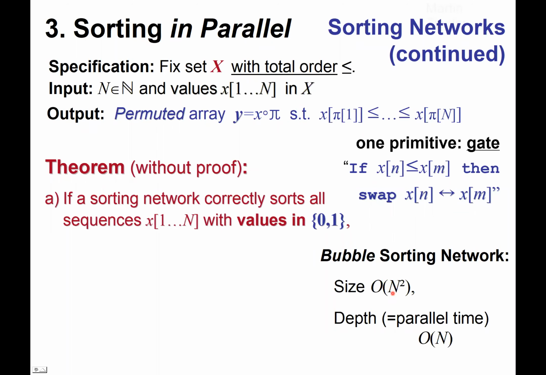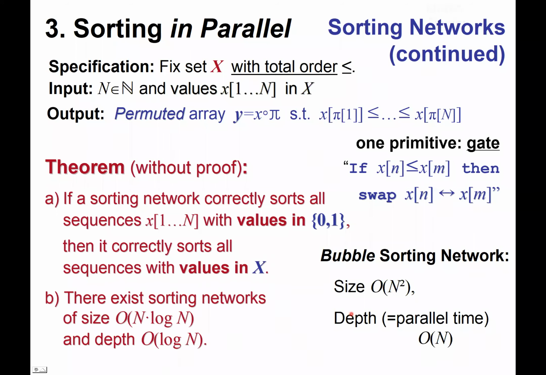It says there exist sorting networks of size n log n gates and depth log n. So very fast, logarithmic running time, as you recall, is very fast. So sorting in parallel becomes very efficient, and the proof of this theorem is very involved.